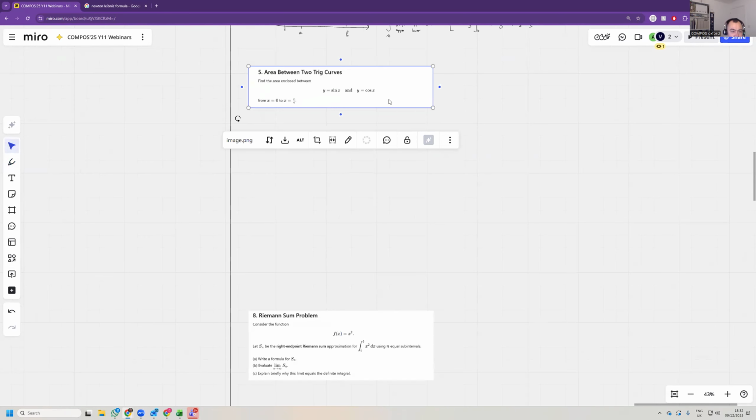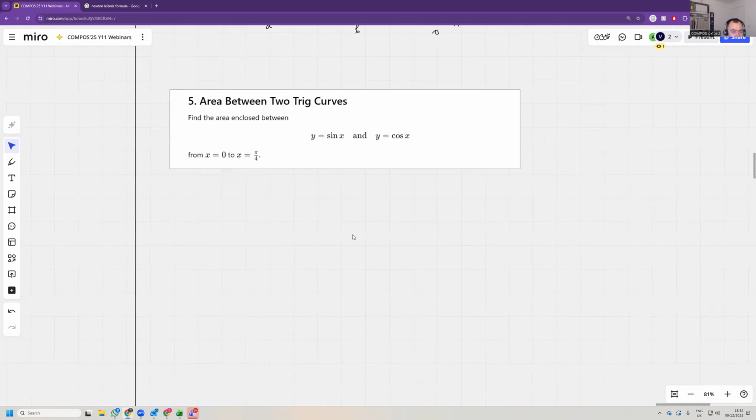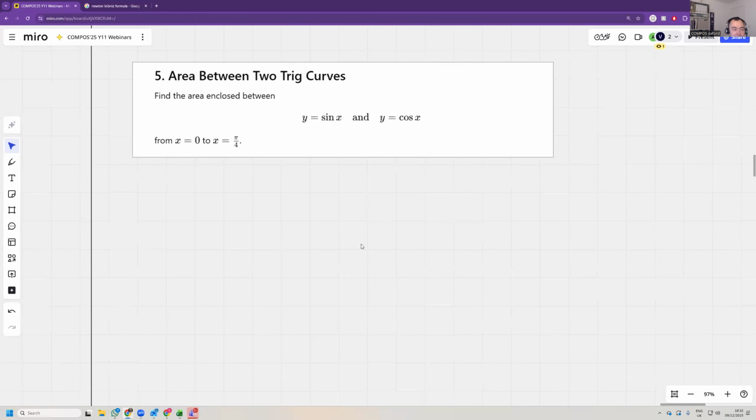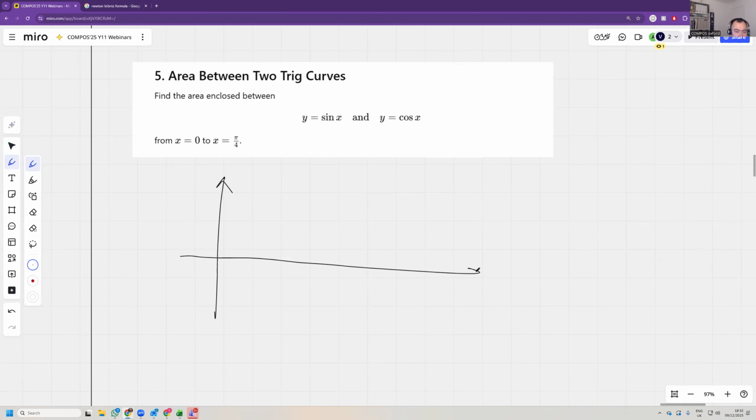Area between two trig curves. We need to find the area enclosed between sine x and cosine x. So if you draw them, sine x is like this. So this is pi, this is sine x.